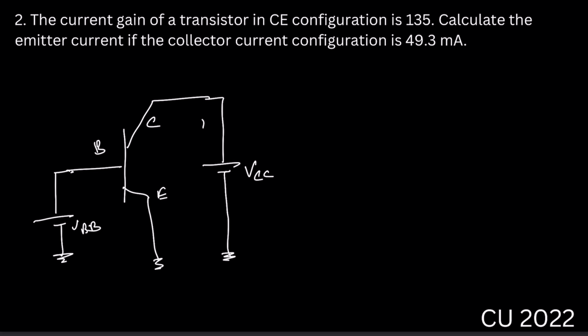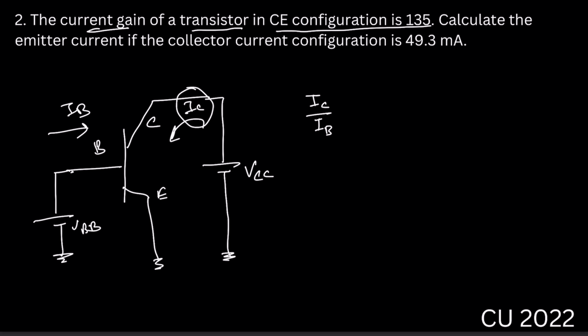Here we have the IC and here will be IB. The current gain is IC by IB, as IC is the output current here and IB is the input current. We call it beta equal to 135.